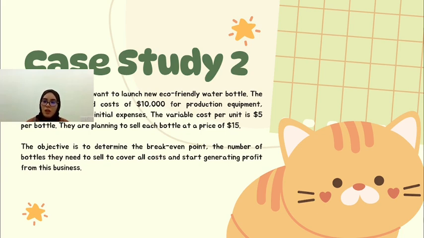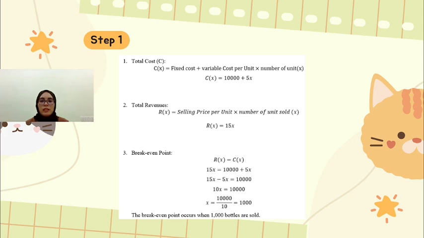Step 1 is defining the equation. First is total cost. Total cost is the sum of the fixed cost and the variable cost per unit, and the variable cost must be multiplied by the number of units, which is called x.